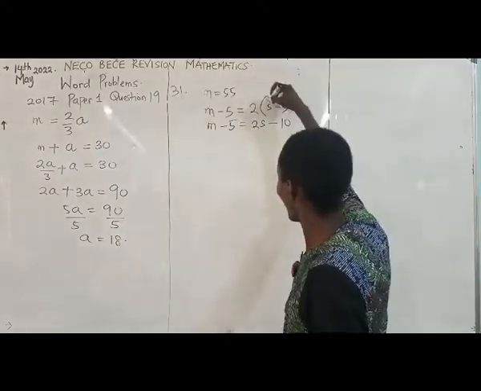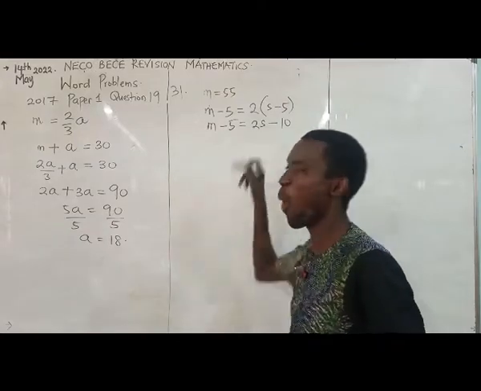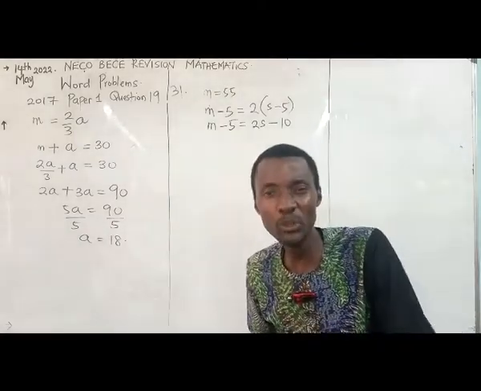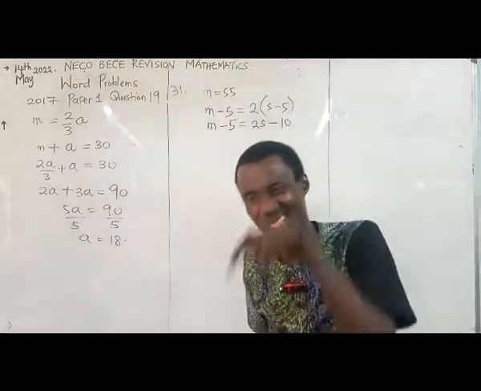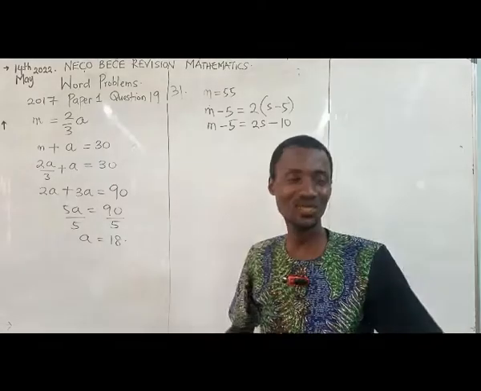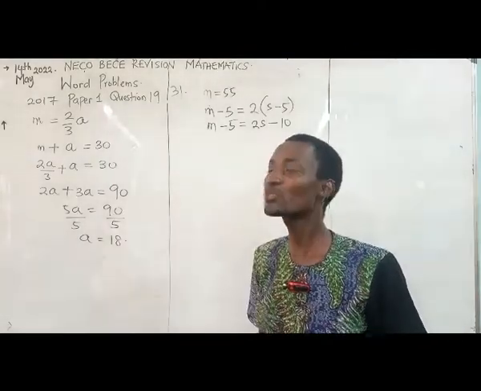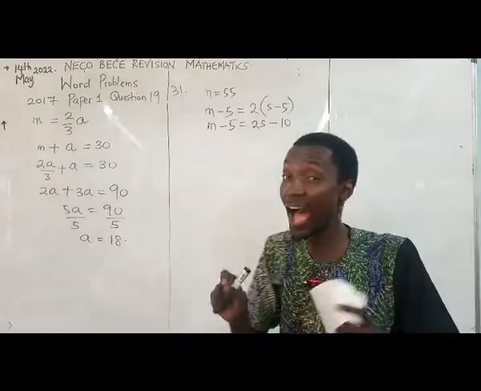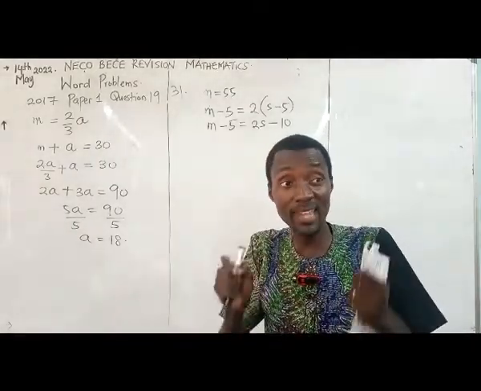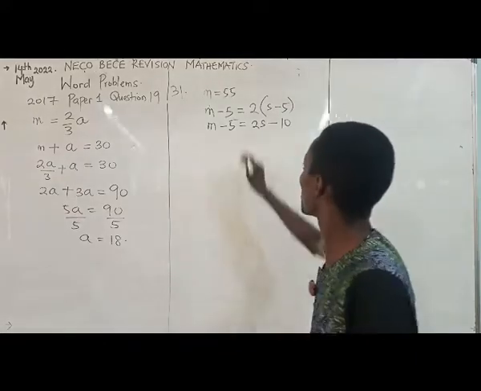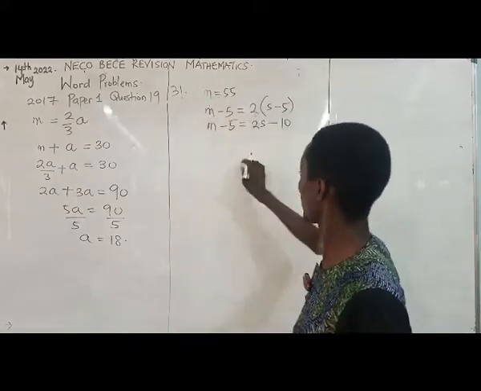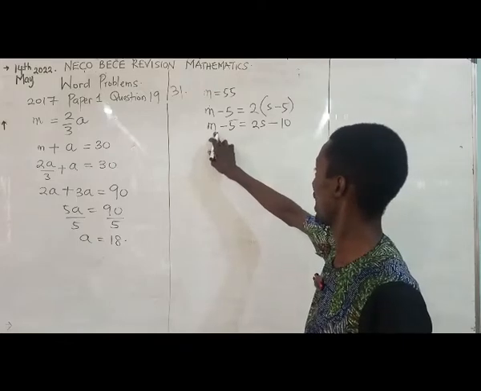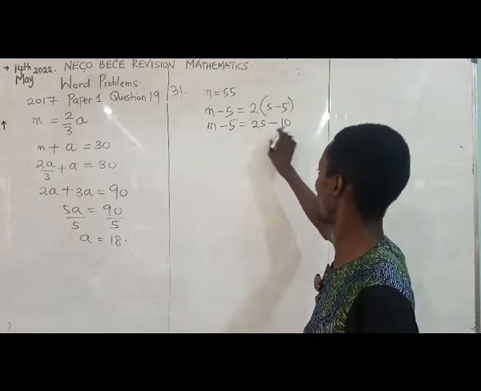Finding M or S will tell you their ages presently. So you don't need to finish solving and begin to think of, no, these letters you have are their ages presently.